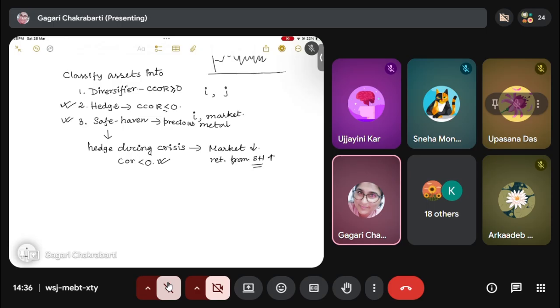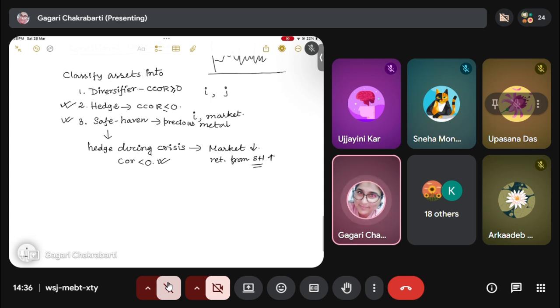Okay. Gold is particularly a safe haven, but now there are certain disputes about gold's safe haven property. Silver, and in more recent times copper, which is actually an industrial metal. So copper is now emerging like a new safe haven. So it keeps changing over time.